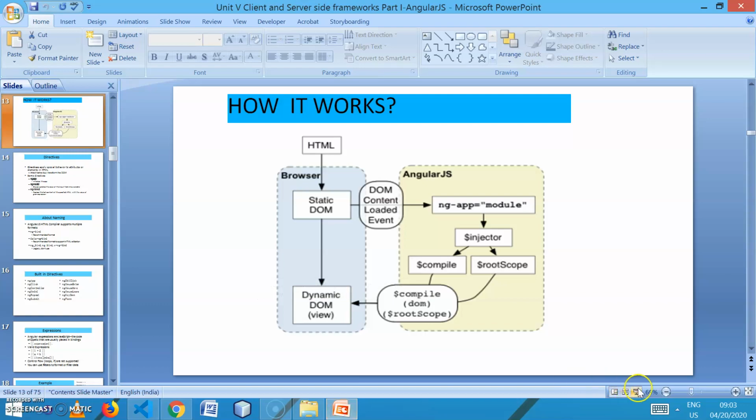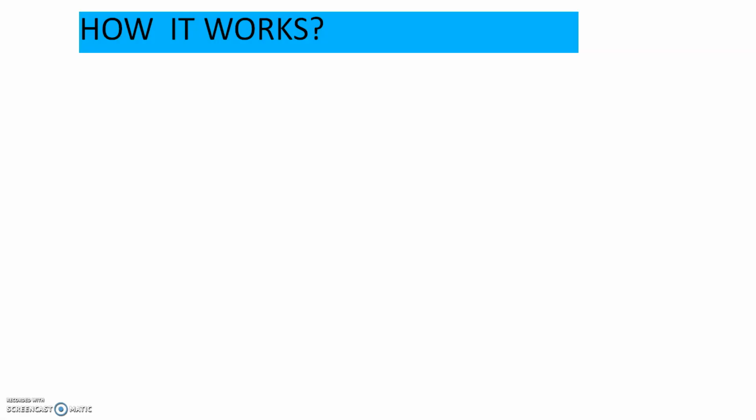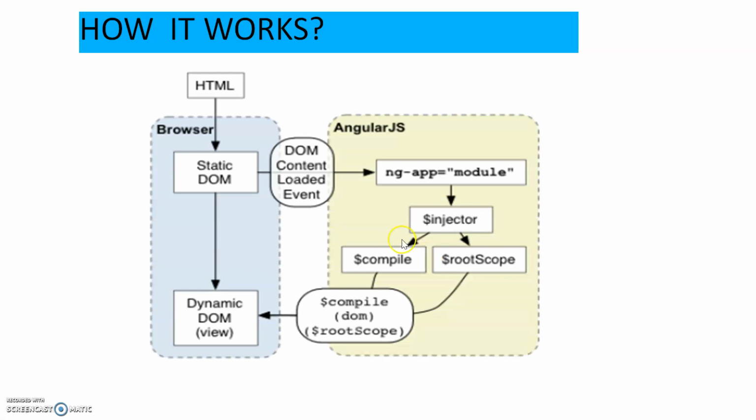Let's go next. Now let's check how it is working. We are showing that first.html file. The browser is manipulating the static DOM, the document object, that is fixed contents, as we have seen the name and the text box. Then once the DOM contents are loaded, the event goes to the AngularJS engine. Then here ng-app is equal to the model. That module will deal with injectors, either at compile time, or the root scope.